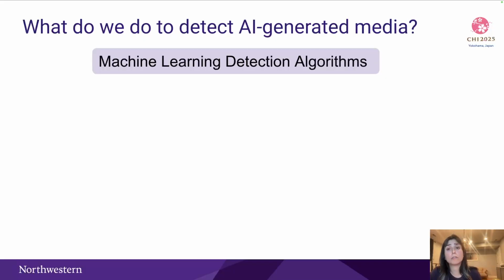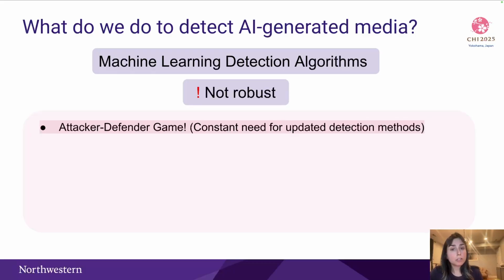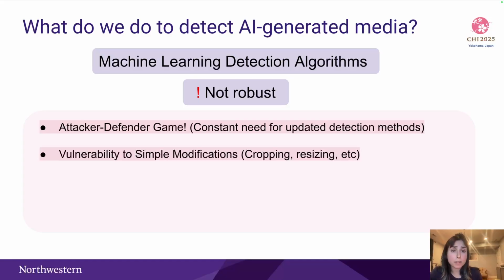So what do we do when we have many AI images and videos coming our way daily? One way is to use machine learning detection algorithms, but they're brittle and not robust enough. First of all, the high frequency of changes in generative AI architecture requires constantly updating the detection methods. Then, basic changes like simple cropping or compression can reduce accuracy to near random.